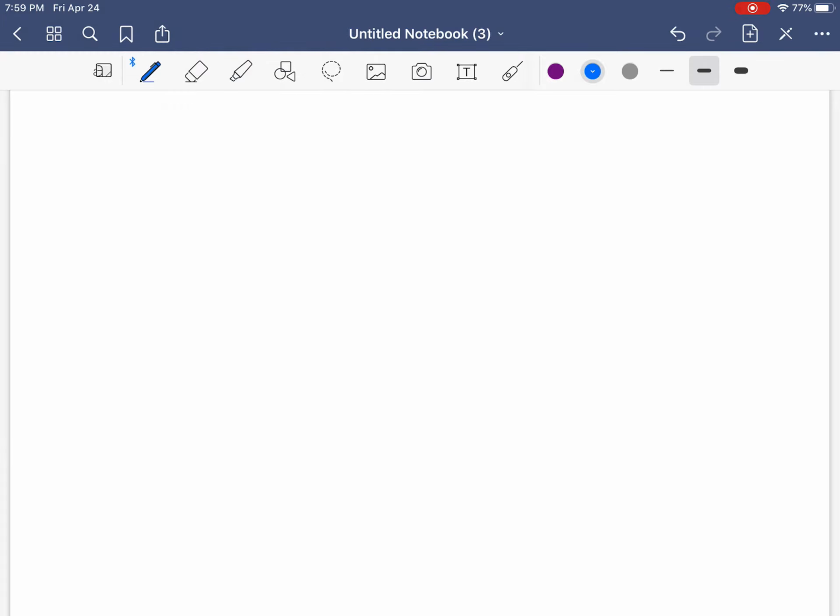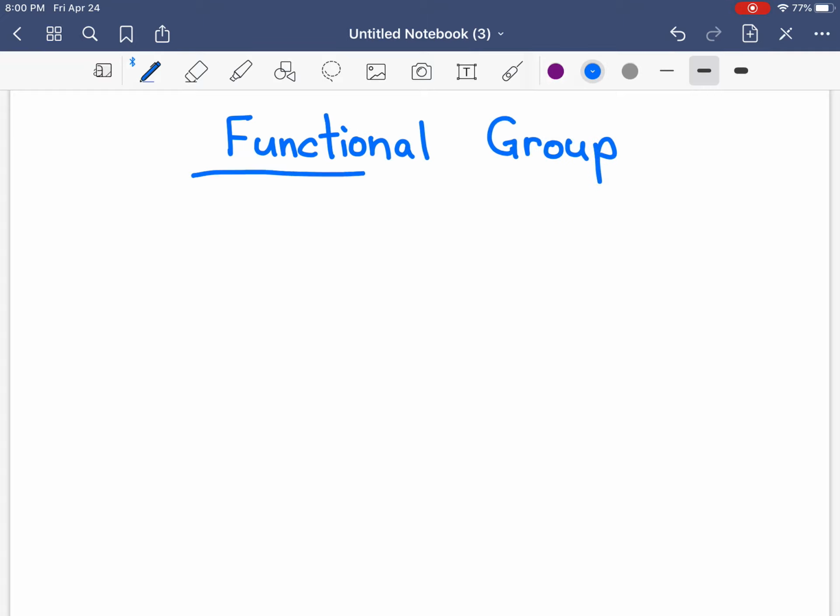And let's start with functional group. Nice and easy. Okay, what are some of the functional groups that we're going to be talking about together? Well, first, there's alkane. That's the first thing that we're going to talk about, probably today.